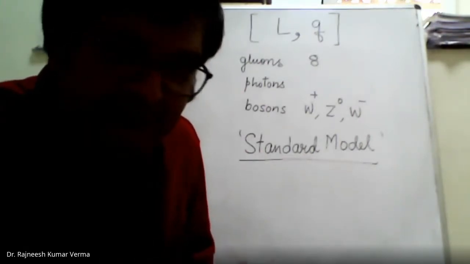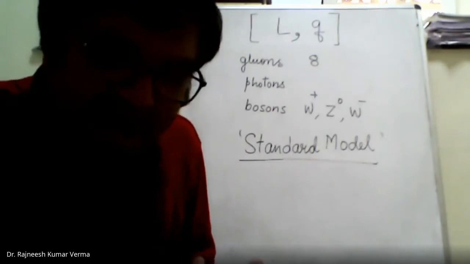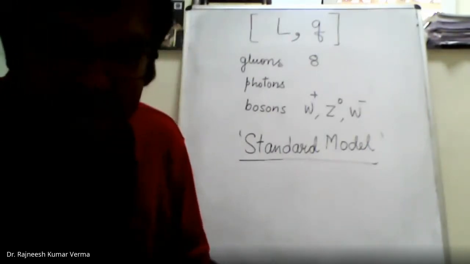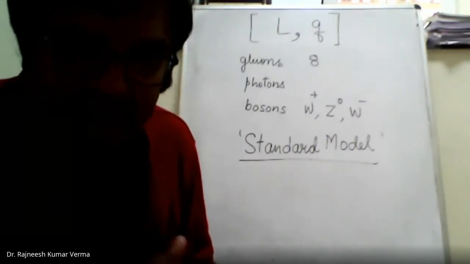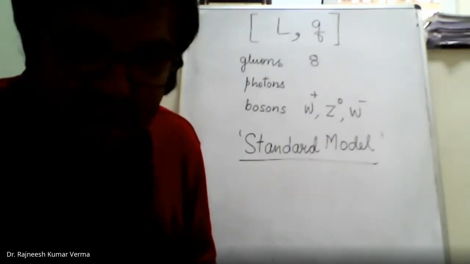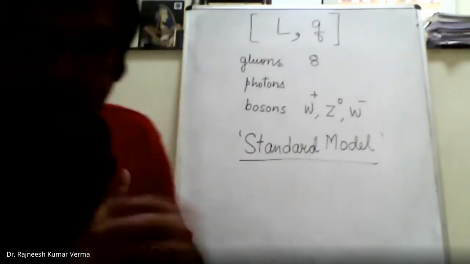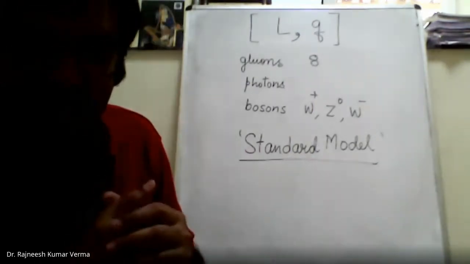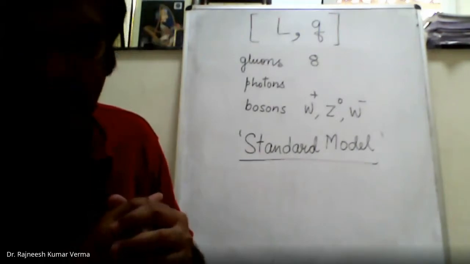What are these 3 generations? Electron and neutrino, up and down quark, this is the first generation. Muon and its neutrino, strange and charm quark, and finally we have bottom and top quarks and tau and its neutrino.